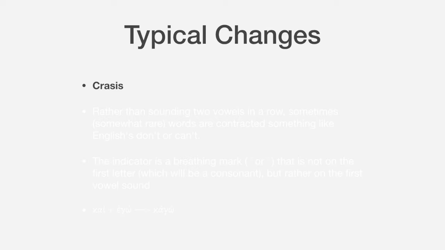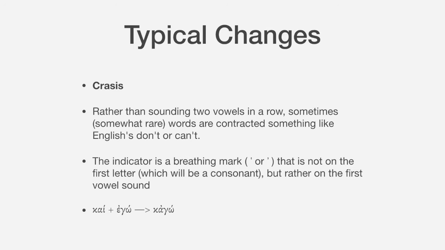Next we have crasis. Crasis occurs when you have 2 vowels that would normally come together and Greek people didn't want to pronounce both of the vowels. So if you look at the example I've got there, you have kai ego. Now, Greek people didn't like to say kai ego under every circumstance, and so sometimes they would just say kago. It's very similar to the contractions that happen in English. We have something like don't for do not or can't for cannot.